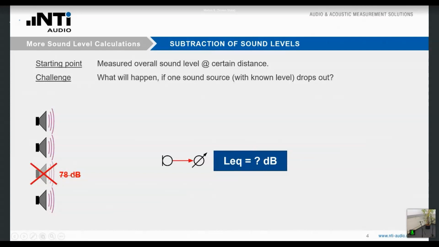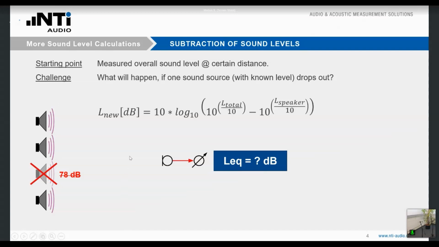Let us assume you know that the sound level of this specific speaker in the corresponding distance would be 78 dB. So you know the overall sound level when all loudspeakers are active, and you know the one from this specific loudspeaker. Can we determine with these two values the new LEQ of this array without that speaker? The answer is yes.